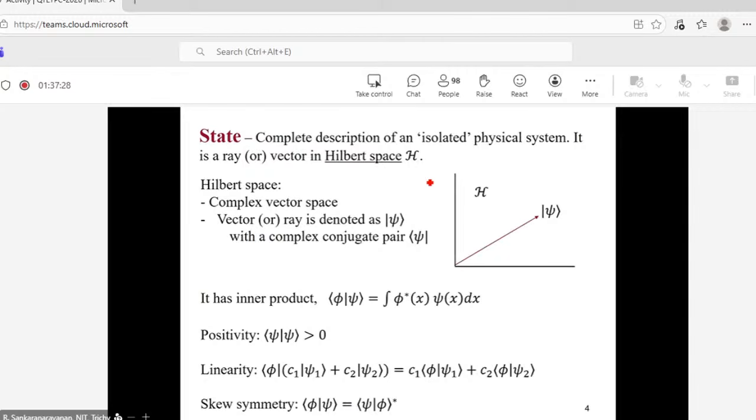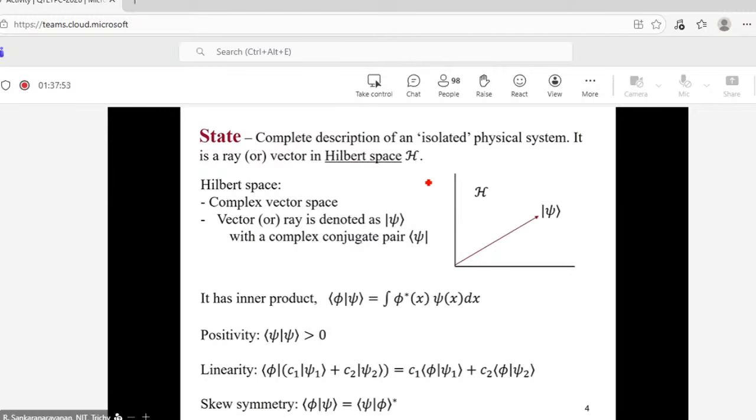A point in the phase space is the state of a system at some instant of time. In analogy to that, we have the Hilbert space. Unlike the phase space, which is a real vector space, the Hilbert space is a complex vector space.